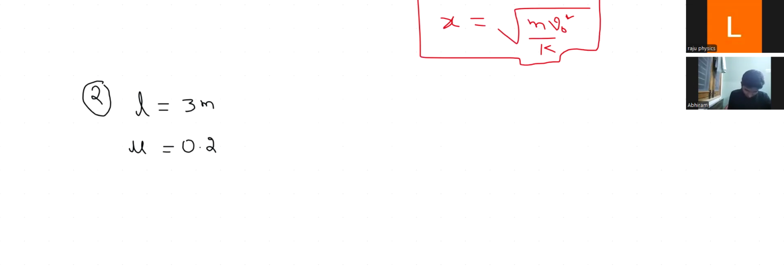The particle is released at a point A, which is at a height h equal to 1.5 meters.